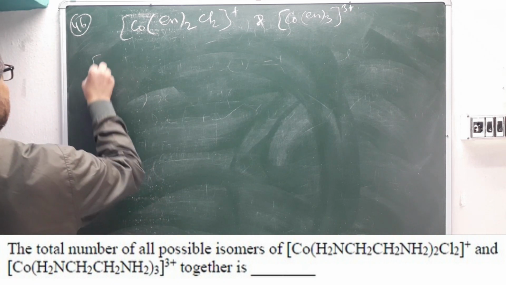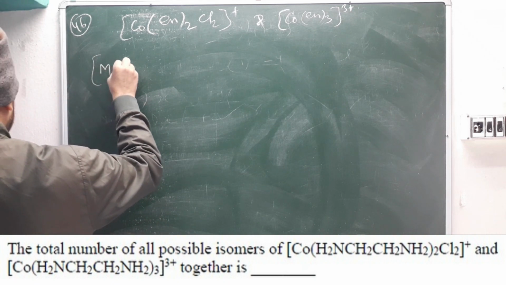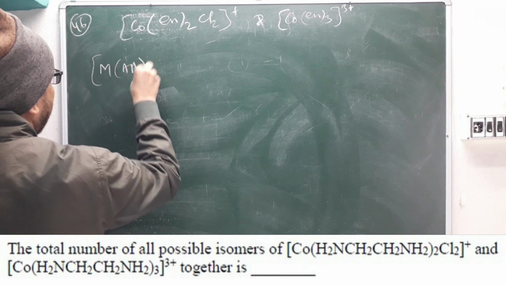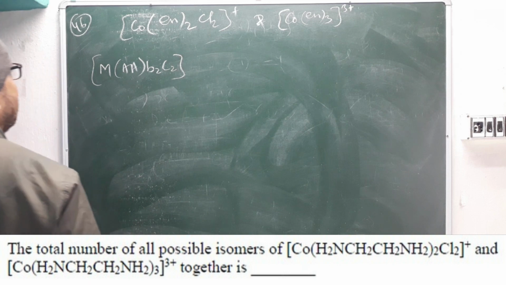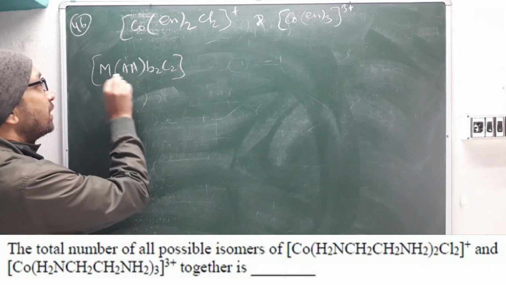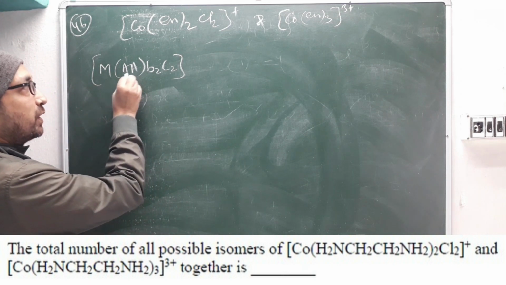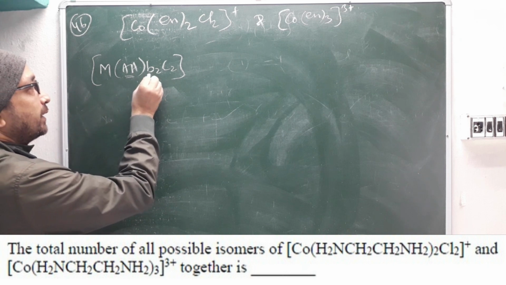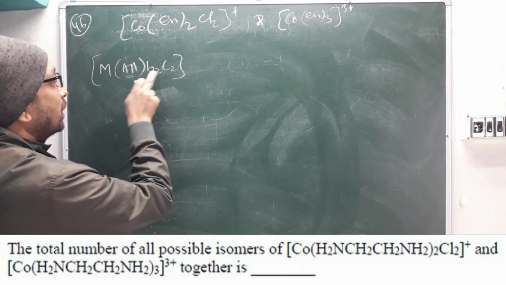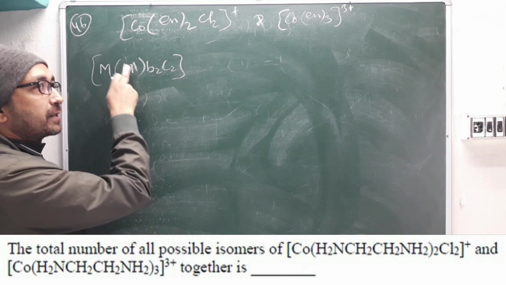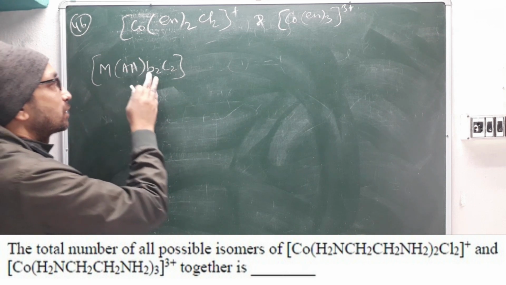So suppose you are finding M(AA)2B2, or C2. It means suppose here cobalt and here en, only en, ethylenediamine, and then 2 ligands, 2 chloro, 2 bromo, likewise. So total 2, 2, 4, and this is a bidentate ligand, so 2, so total 6. So this complex is octahedral.